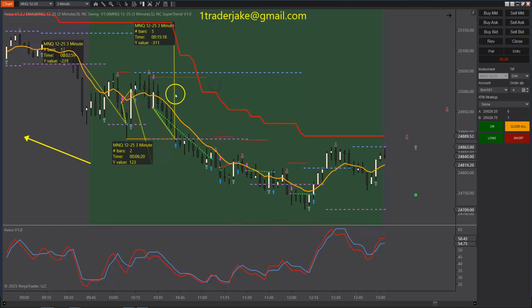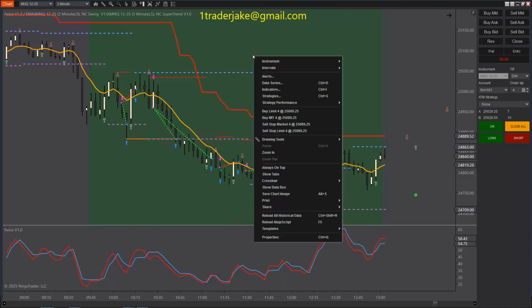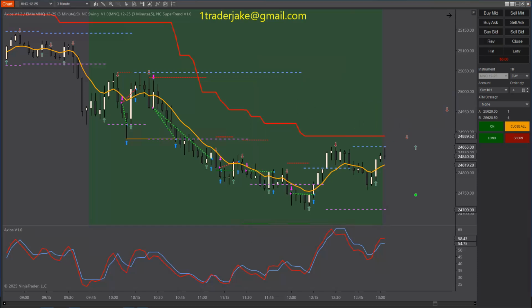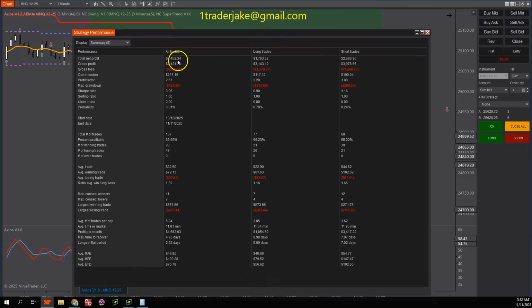So let's see what we get when we have 1 straight up target and 1 runner with our strategy performance. So now we're using 2 micros. 4,500, so we almost doubled our profit, and we pretty much doubled our drawdown.